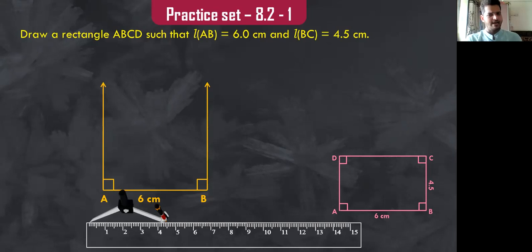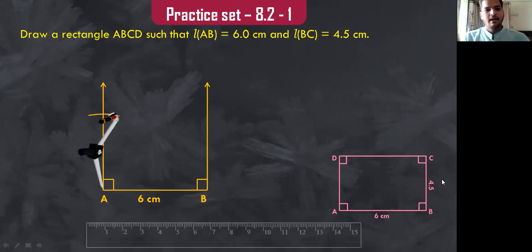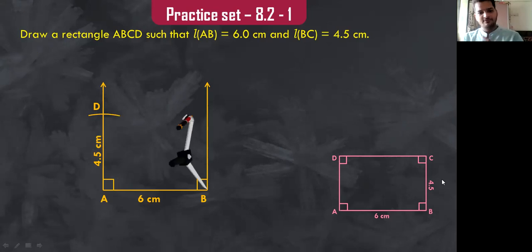Now students, what is the value of side BC? 4.5. And if I'm not wrong, if side BC is 4.5, then its opposite side AD will also be 4.5 only. Correct. So we'll take a measure of 4.5 centimeters on the compass. Mark the arc of 4.5 centimeters from the point A, name it as D, and then from the point B, name it as the point C. Clear?